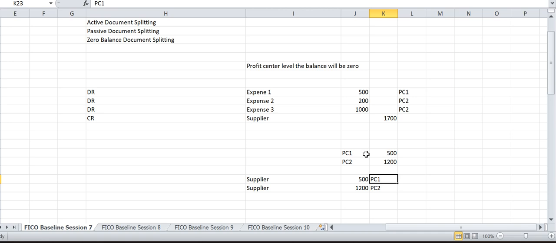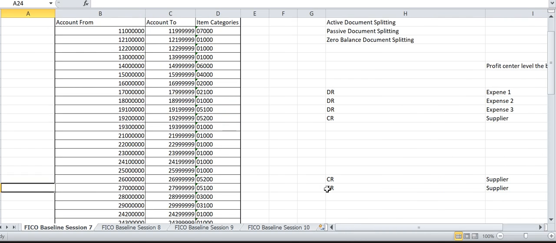When I say balance is 0, for expense 1 the debit at profit center 1 is 500, and the supplier is my credit, so the credit in profit center 1 also becomes 500. So profit center 1 has 500 debit and 500 credit, and now at the profit center level the balance is 0. That is what this particular setting is.